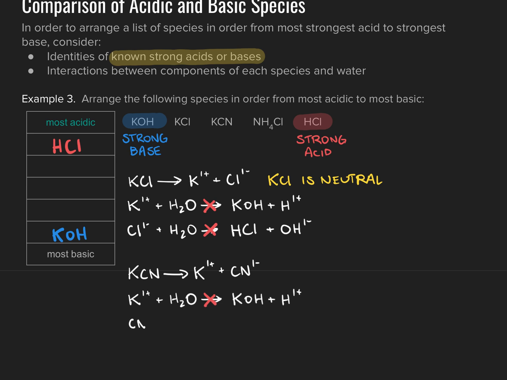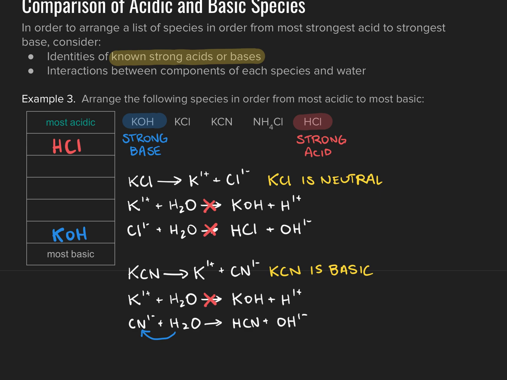The cyanide ion, however, present here is the conjugate base of a weak acid, and as such, it is a relatively stronger base. So I would expect, therefore, potassium cyanide to be a basic species in solution due to the presence of the conjugate base CN negative. So this one's going to lie on the more basic end of the spectrum than potassium chloride, a neutral species.